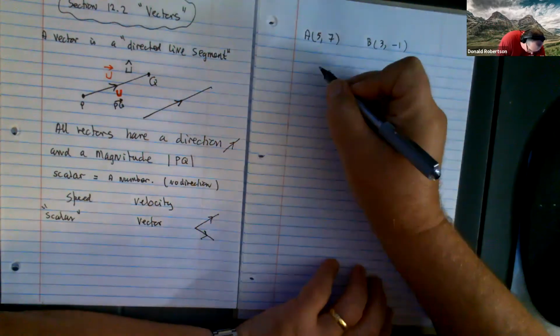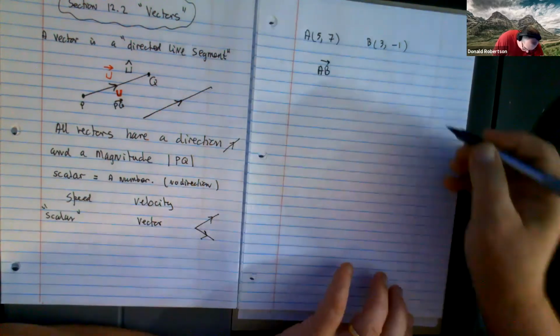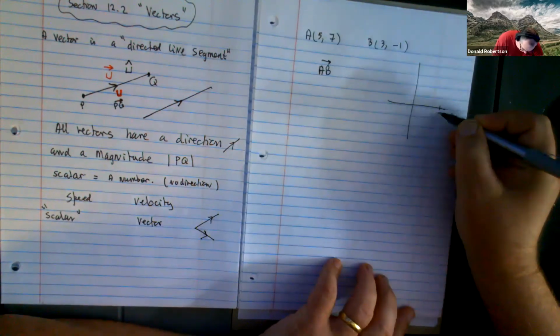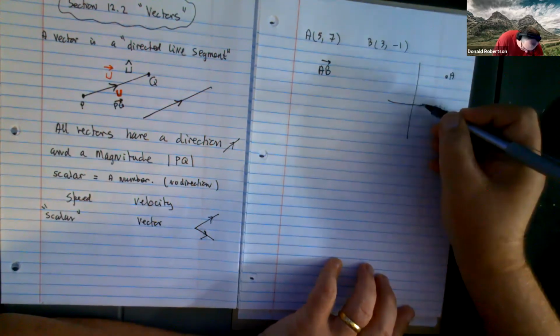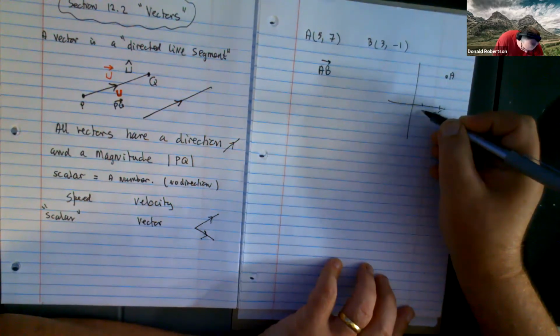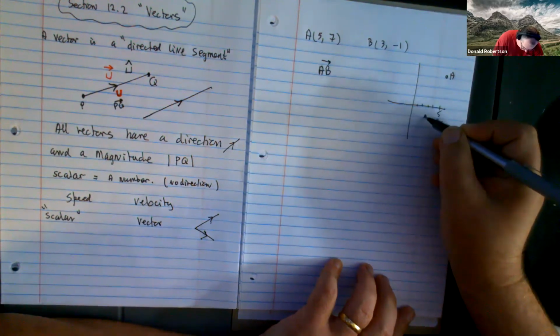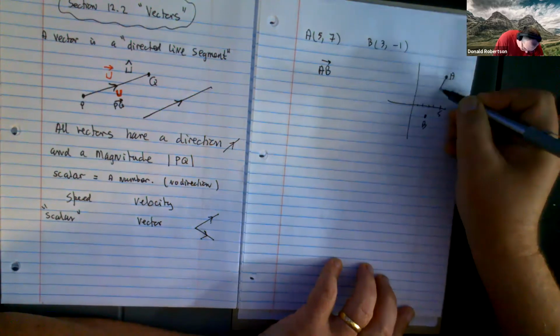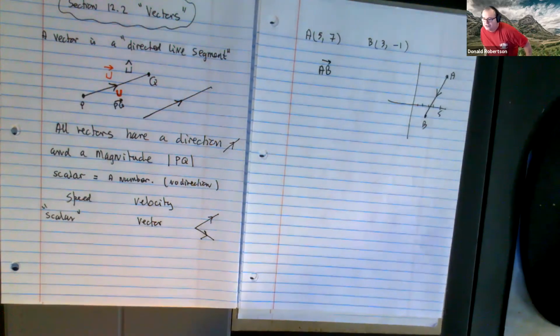And you want to find the vector AB. If you can pretend that that's where A is, and that's where B is, would you agree that that vector is pointing downwards and to the left? Would you agree that's AB?